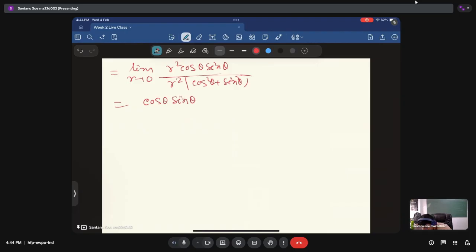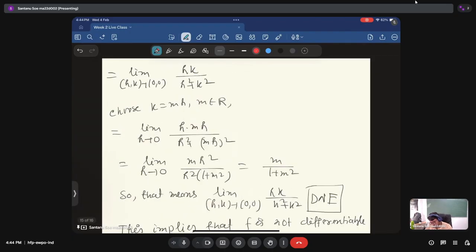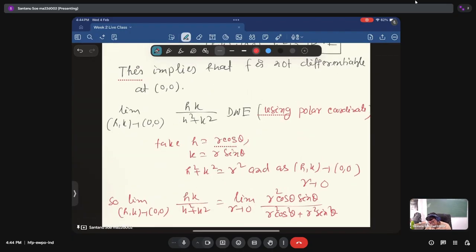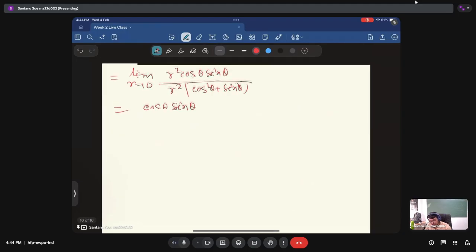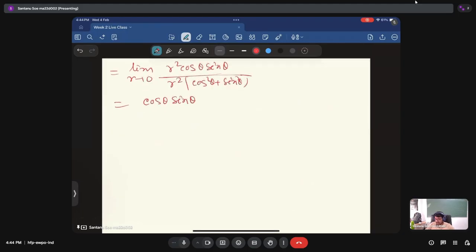So here we can also see that the limit of this function, hk divided by h squared plus k squared, depends on the values of theta, because for different values of theta we get different values of cos theta sin theta, and we get several, even infinite, values of the limit, and that should not happen, right? The limit should always be unique.